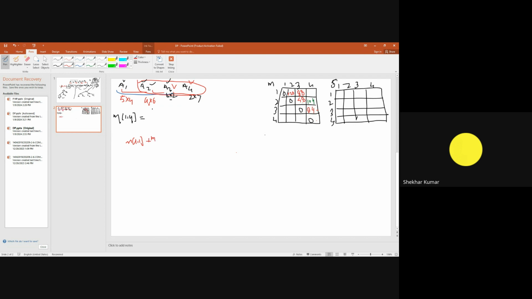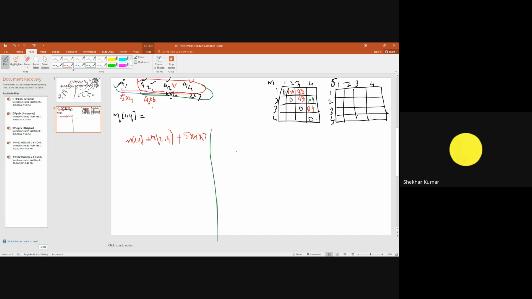That is your M of 2 to 4 in the first approach, and the cost would be, by multiplying all the matrices, 5 into 4 into 7, because we have taken the first one here, then we have multiplied all these three, because I have calculated the result of these three matrices in the first way.